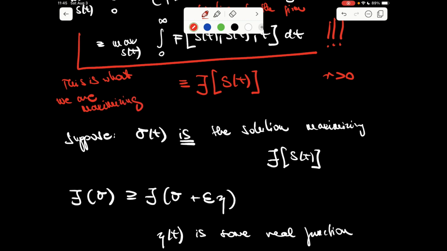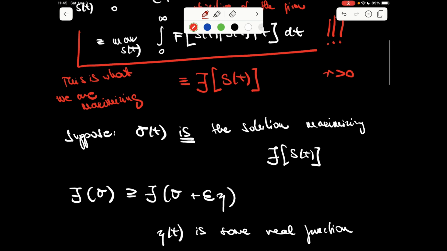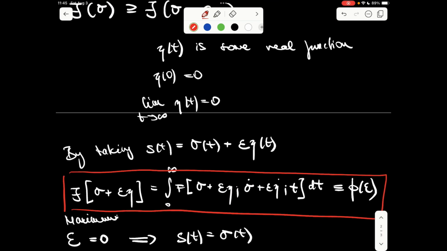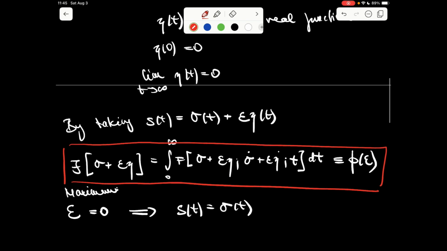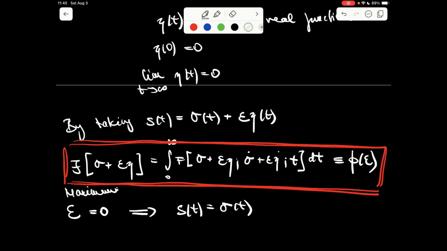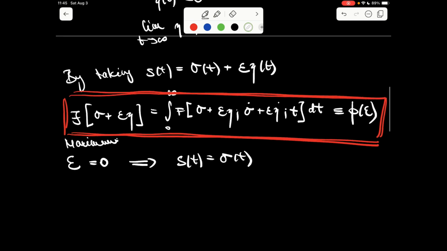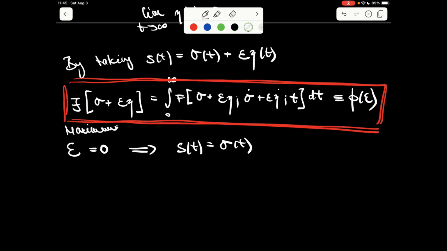Okay, so by using this equation, we can say that the first order condition of maximizing the equation we are maximizing with respect to st is phi prime is 0, where epsilon is 0.